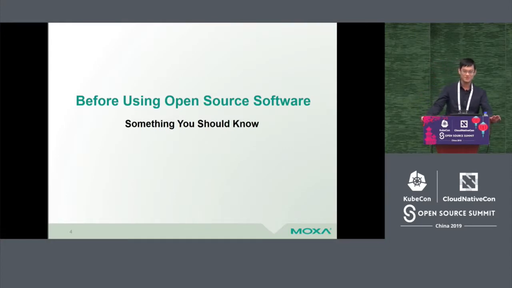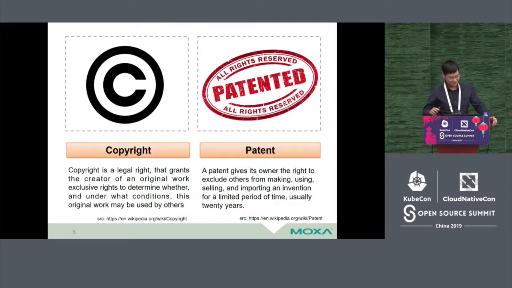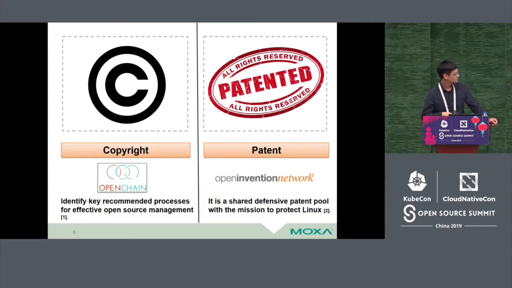Before using open source software, there is something we should know: copyright and patents. Copyright is very important for open source, and it relates to the open source license. Another is patents. For open source copyright, luckily the Linux Foundation created a project named OpenChain.